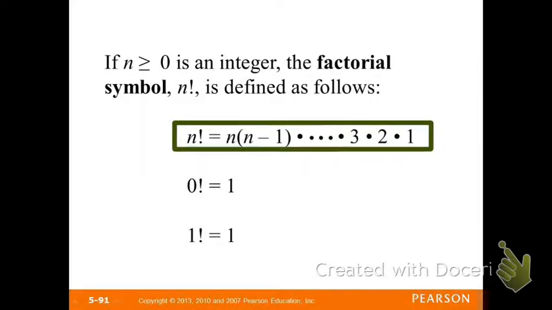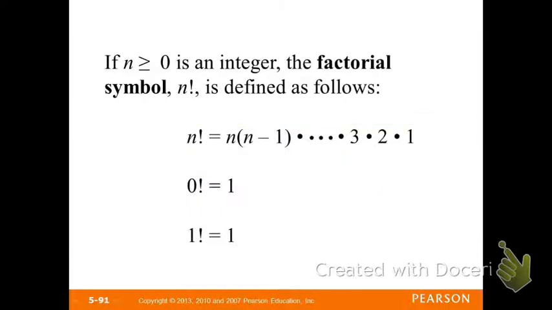So if we give n a number, 7 factorial is equal to 7 times 7 minus 1 times 5 times 4 times 3 times 2 times 1. Okay, so that's 7 factorial, and this notation is going to come into play. Now, there are two exceptions to the rule, or definitions, that we have here.